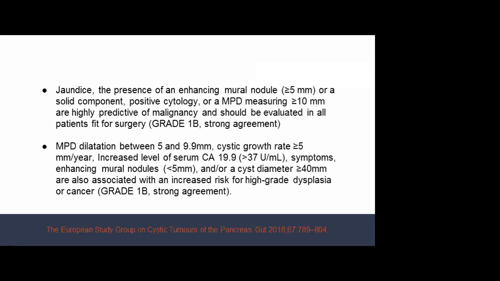If the main pancreatic duct dilatation is between 5 to 9.9 mm, or the cystic growth rate is more than 5 mm per year, or the CA 19-9 value is more than 37, or the patient is symptomatic, or enhancing mural nodules of less than 5 mm are present, or a cyst diameter of more than 4 centimeters, these are all considered worrisome features associated with an increased risk of high grade dysplasia or malignancy. So this needs further evaluation.